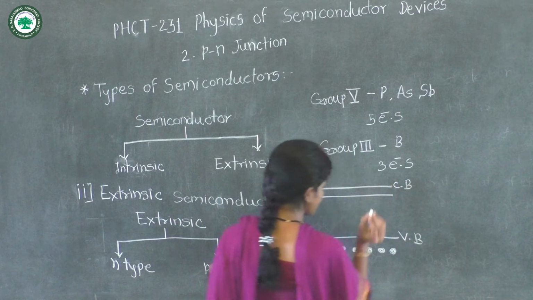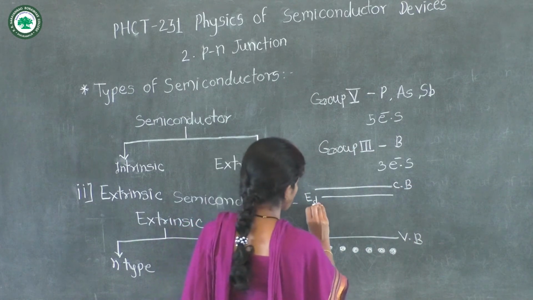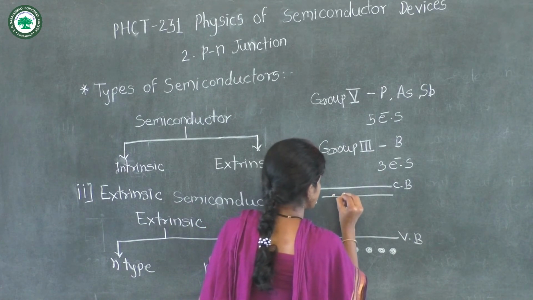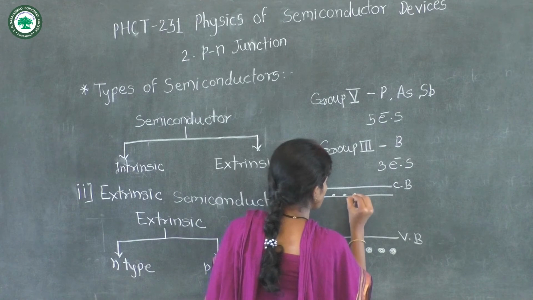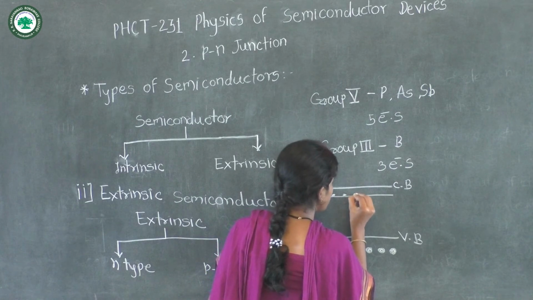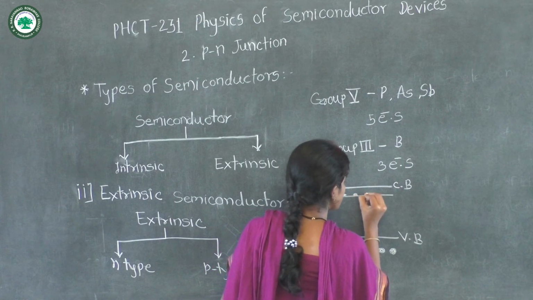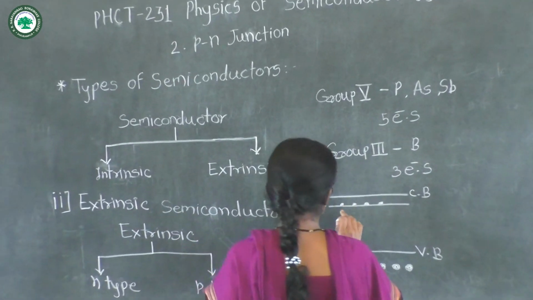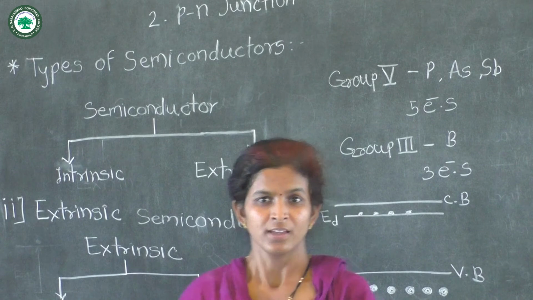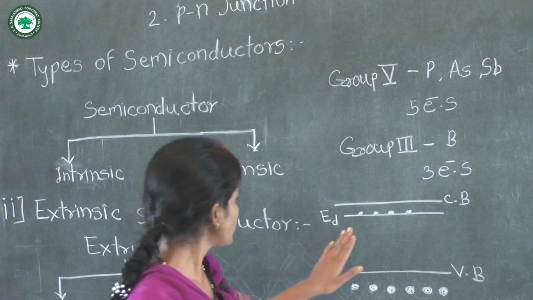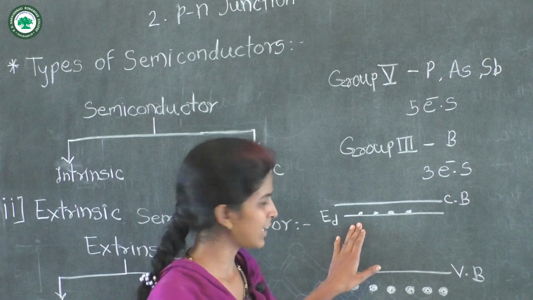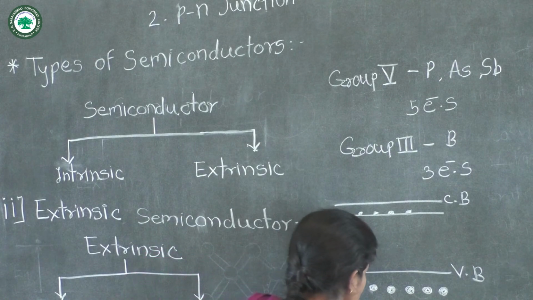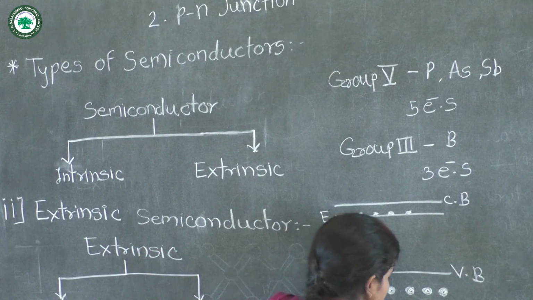So this is the conduction band edge, and due to introduction of group 5 impurity within the pure semiconductor, there is formation of donor energy level, and this is the situation at T equal to 0K.